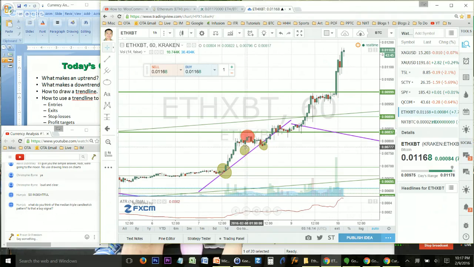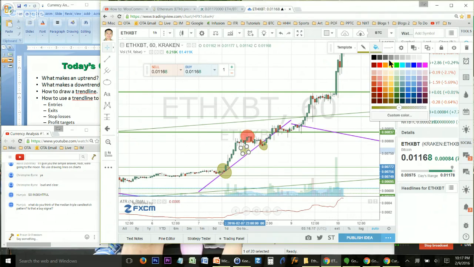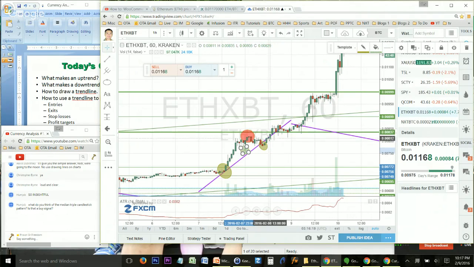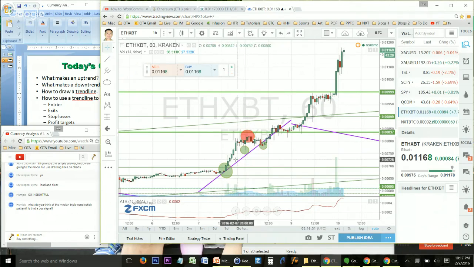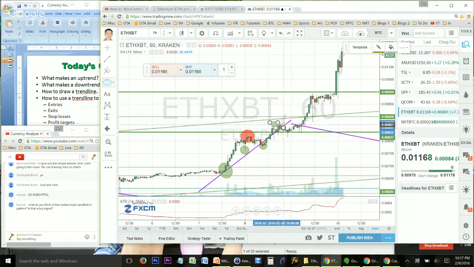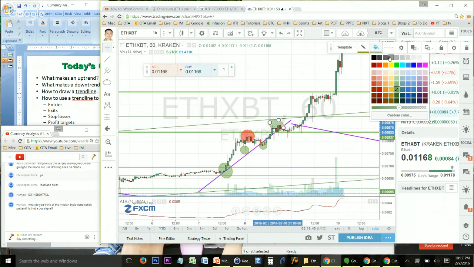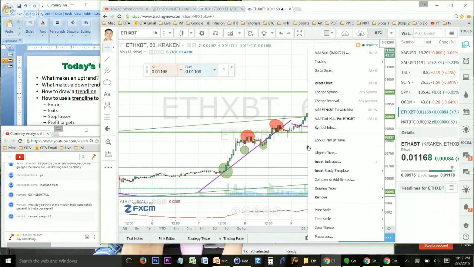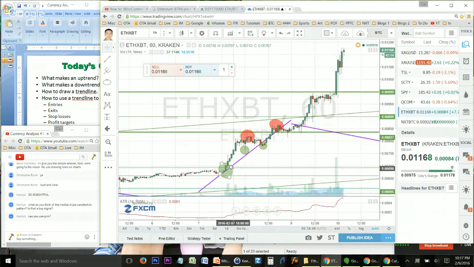And matter of fact, just so that it's easy for you guys to understand what I'm talking about, I'm going to color code these spots right here green, just so it's easy for your eyes to see what I'm seeing. Right? So that would be a higher low, and then the red would be a higher high. So let's go ahead and throw a higher high up here. Like that.